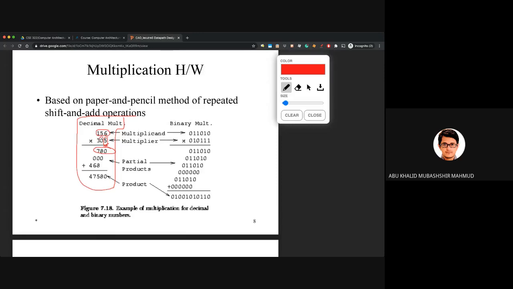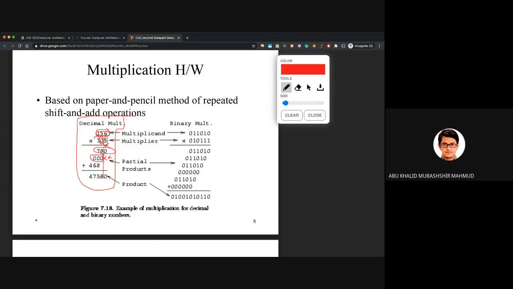Then we multiply by this 0 after shifting a bit to the left, and we get the value 0.